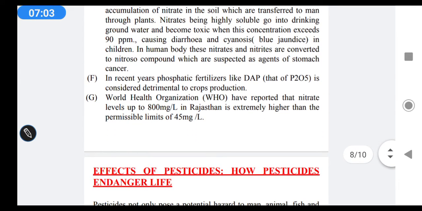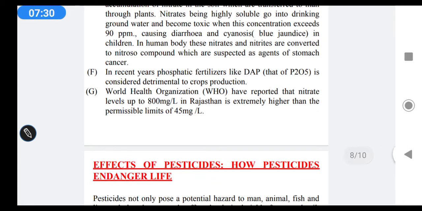The F point: in recent years, phosphatic fertilizer like DAP, that is P2O5, is considered detrimental to crop production. The World Health Organization has reported that nitrate levels up to 80 milligrams per liter in Rajasthan are extremely higher than the permissible limit of 45 milligrams per liter.